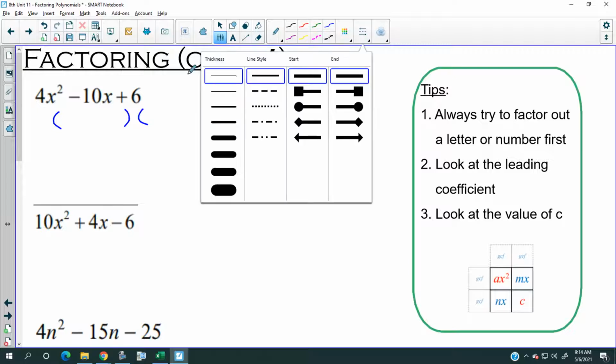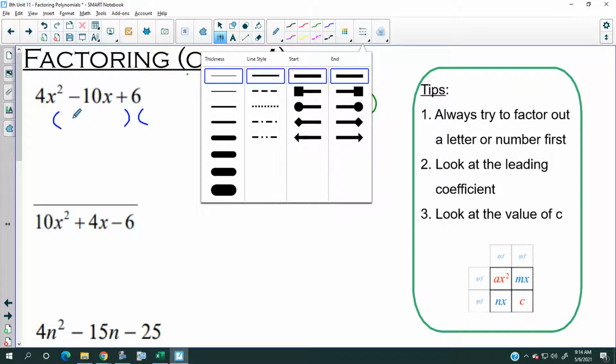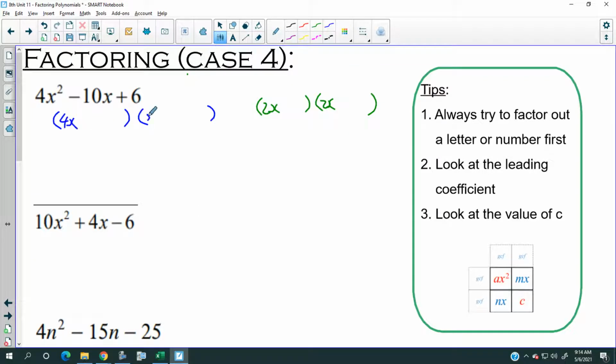You could have something like 2x and 2x, and on the other hand, you could have something like 4x and x. So you see how that adds to the complexity with the problem. It just makes it more complicated because there's more variety in the kind of questions and the potential answers you have.